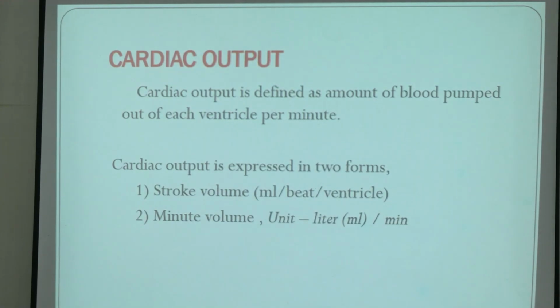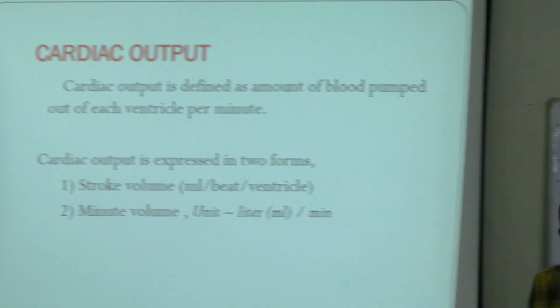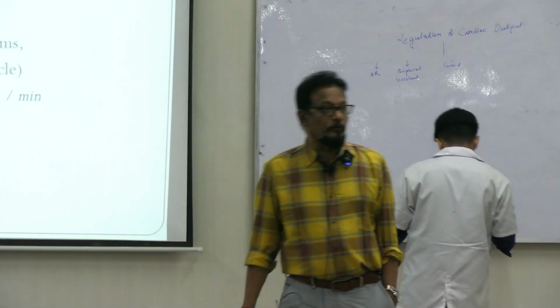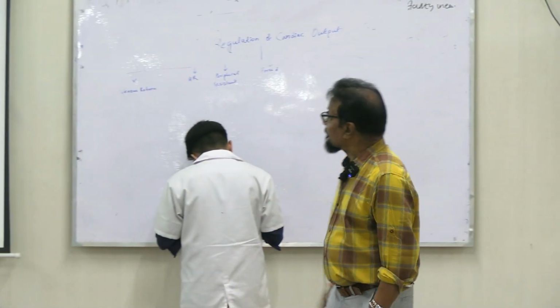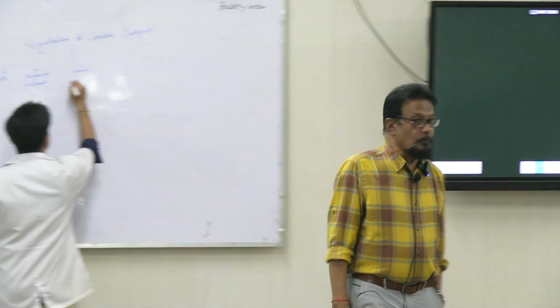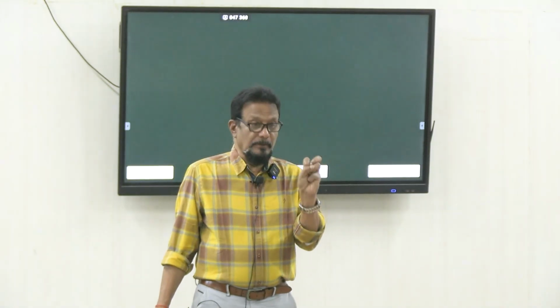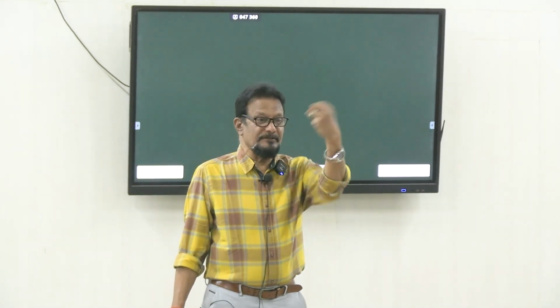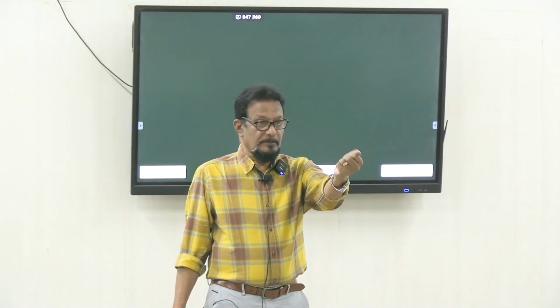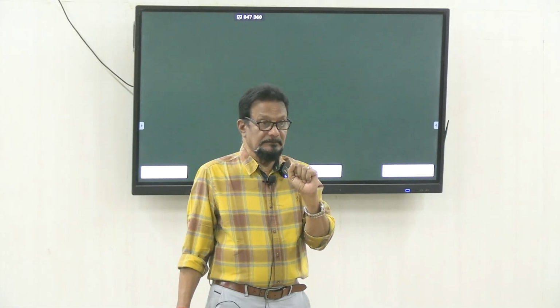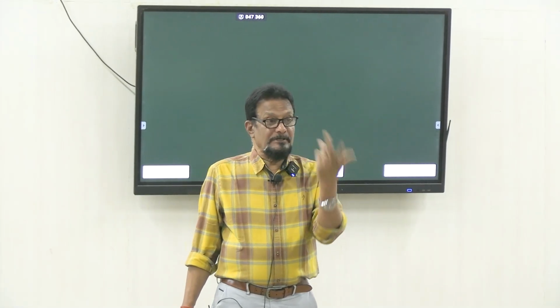Cardiac output is expressed in two forms, which we have also discussed earlier. One is stroke volume and another is minute volume. Stroke volume means how much blood is ejected into the circulation by each ventricle with each beat. What is the amount?